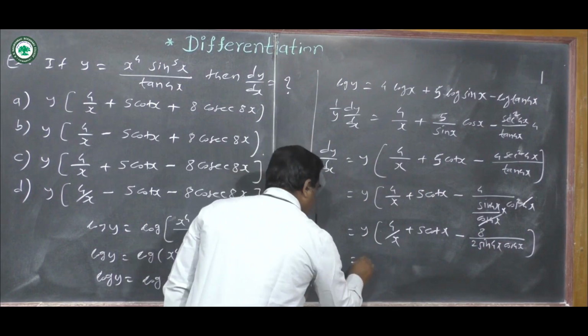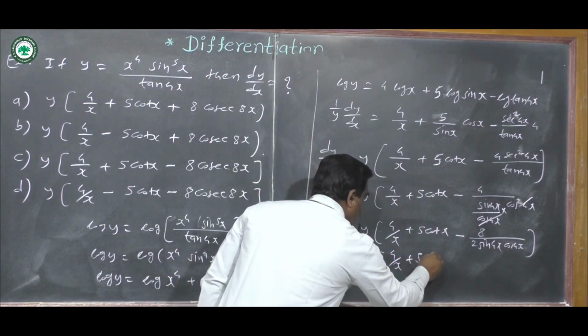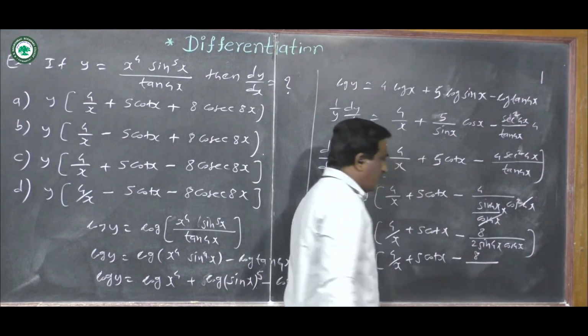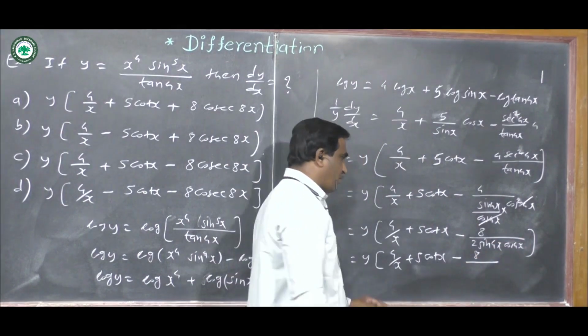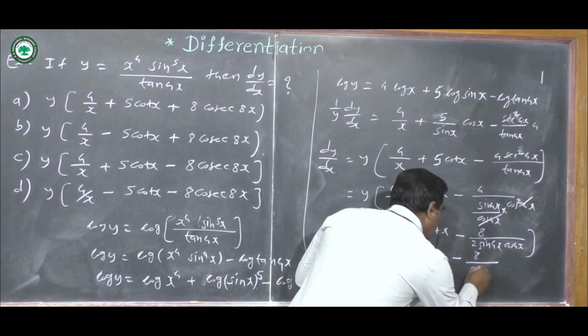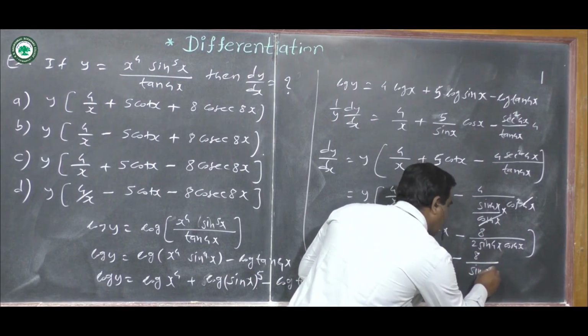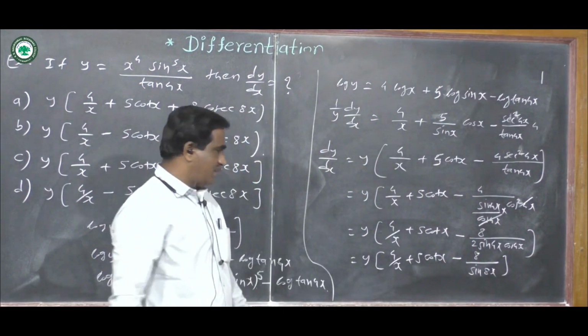Okay, that is y as it is, 4 upon x as it is, 5 into cot x as it is, minus 8 upon 2 sin theta cos theta, which means sin 2 theta. Using this formula we can write here sin of 2 theta, where theta is 4x, therefore we get sin of 8x.